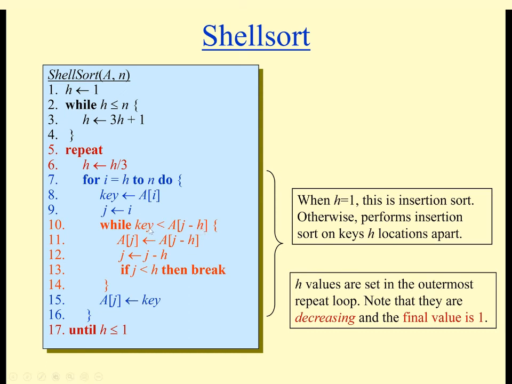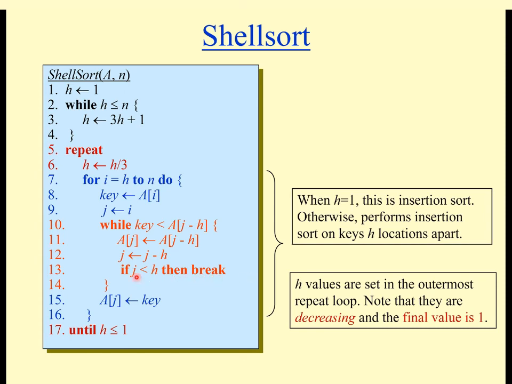If there's a number which is larger than key, we need to shift that number to the right, meaning J minus H to the AJ, and then we move J forward. If J is less than H, we then break. So this is different from previous. In the previous we have J larger than 0. So here it is J less than H.